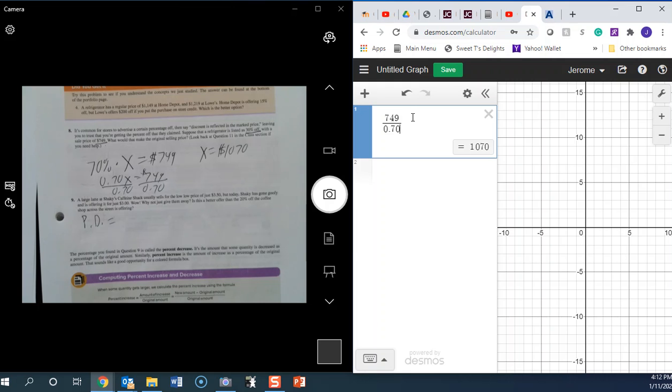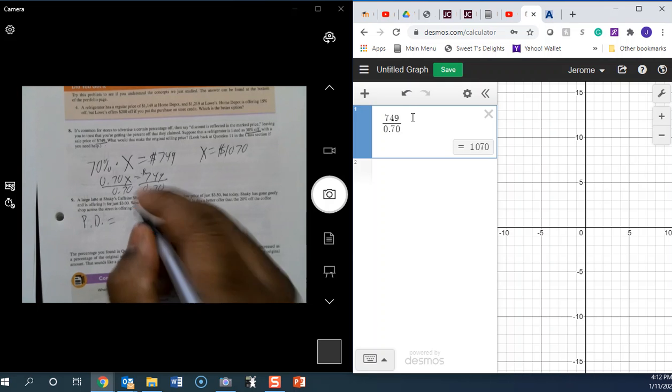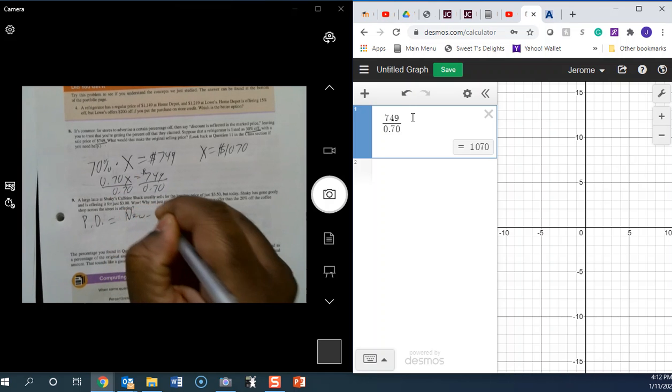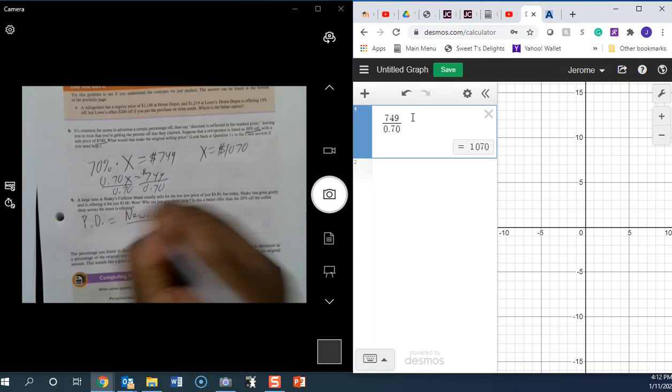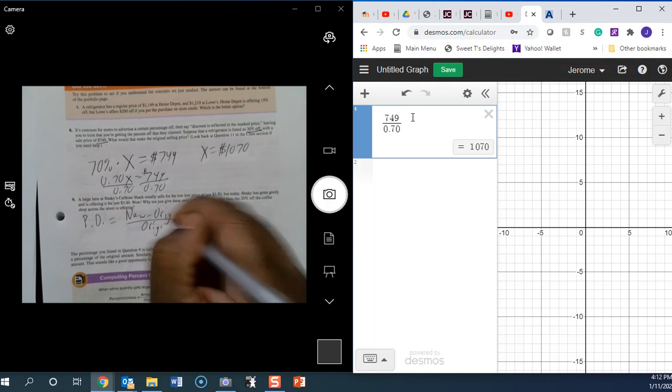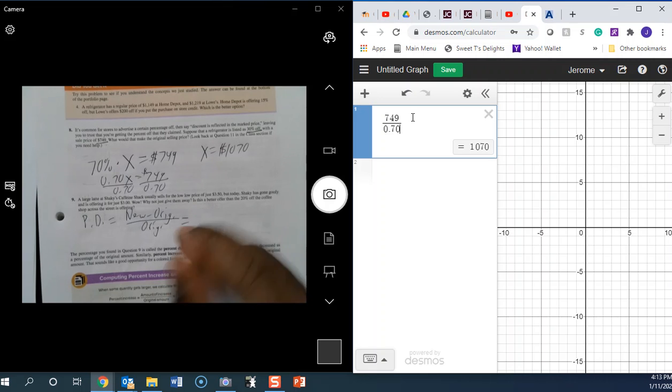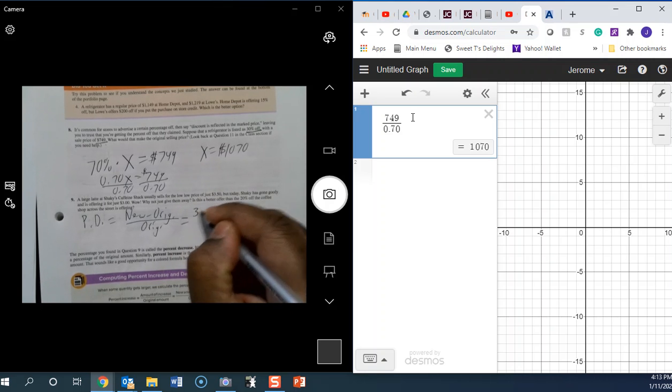So a percent decrease, and this is the same formula for percent increase as well. You have the new value minus the original value divided by the original value. So again, it's the new value minus the original value divided by the original value. So the new value is $3.